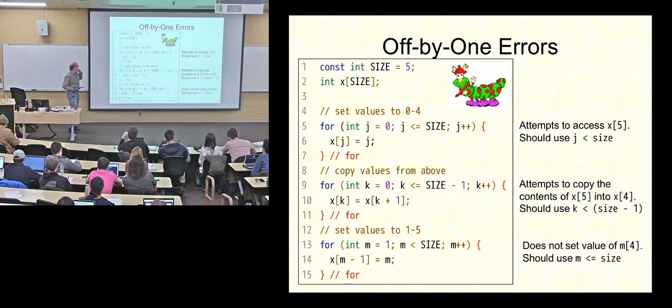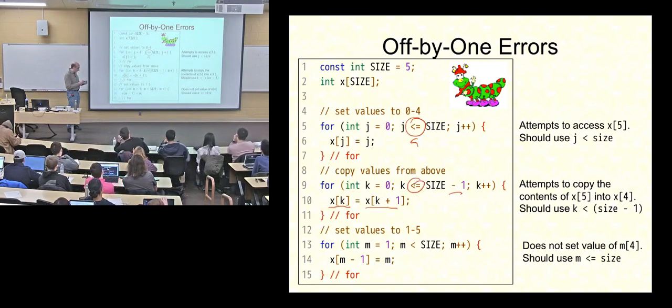We've got a couple examples here of different off by 1 errors. So things like saying less than or equal to size when we should have said less than. We access an invalid element. Here, because I'm going to set x sub k equal to x sub k plus 1, I want to do size minus 1 there. But again, we need a less than. So if we're going to set this one equal to the subsequent one, we need to stop early.